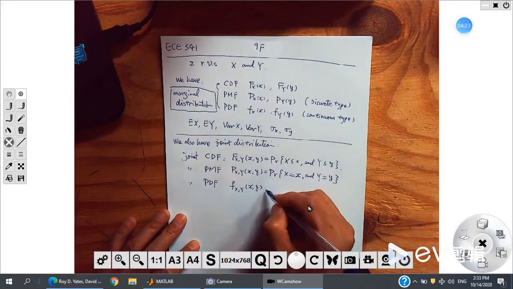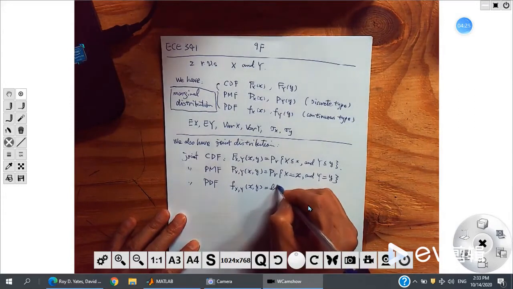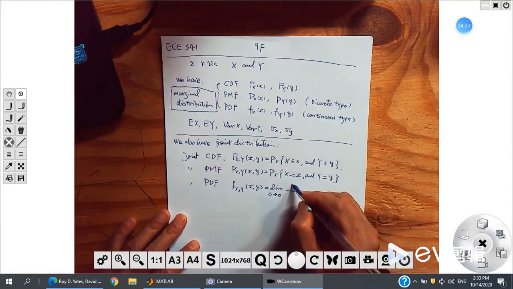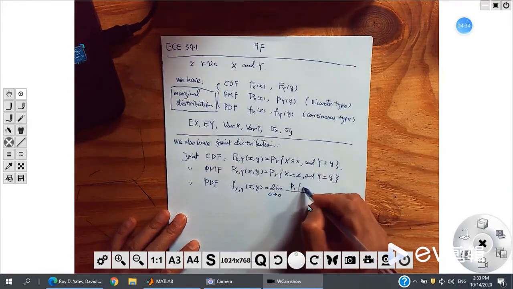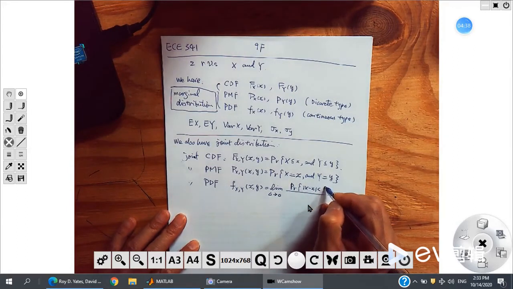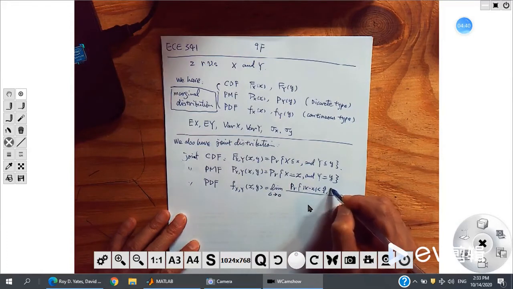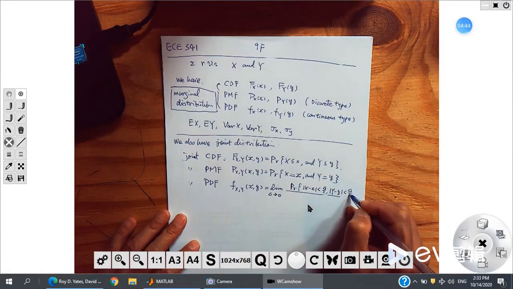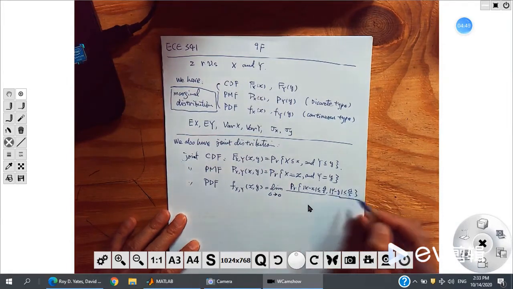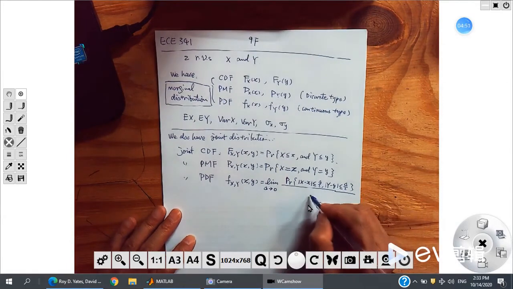This is a limit when delta tends to 0. The numerator is the probability that the absolute value of X minus x is smaller than half of delta, and Y minus y is also smaller than half of delta. If you want, you can put delta equal here, it's also fine. Then divide by delta squared.